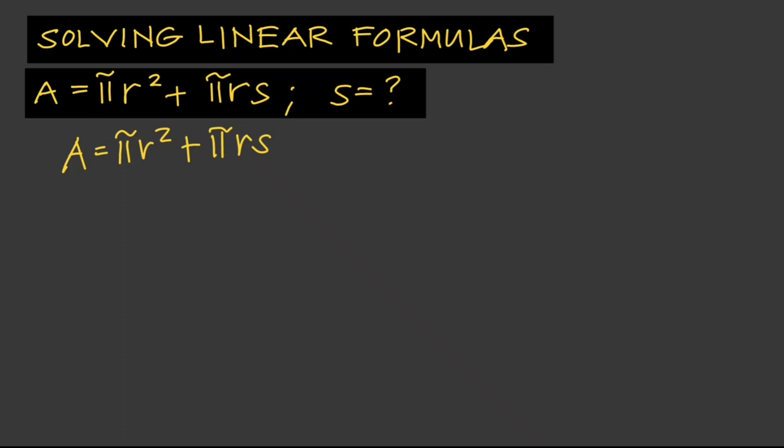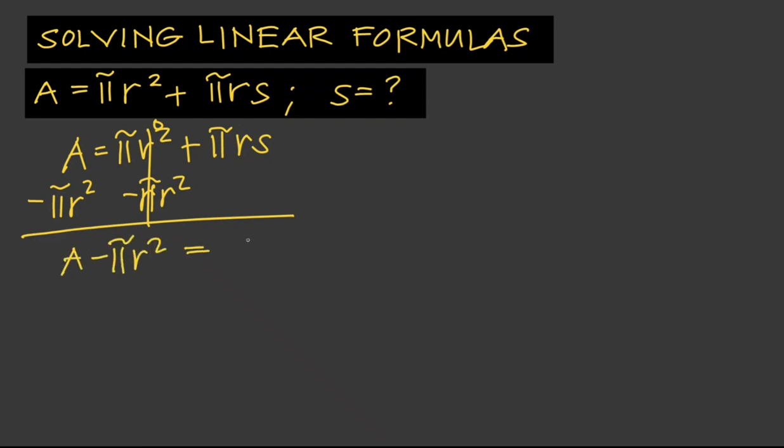Solving for s here, we focus on what is added to the term with s. So we subtract pi r squared from both sides. So this would cancel out, equal to 0. So we get A minus pi r squared equals pi rs.